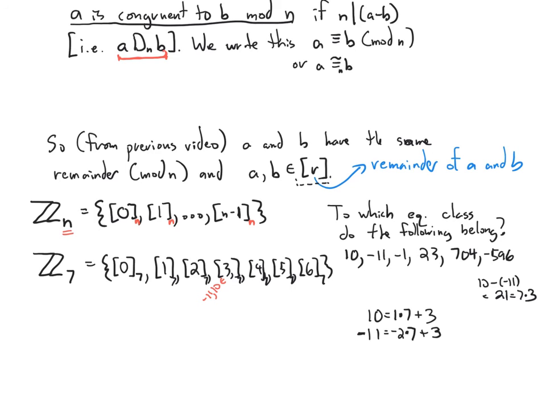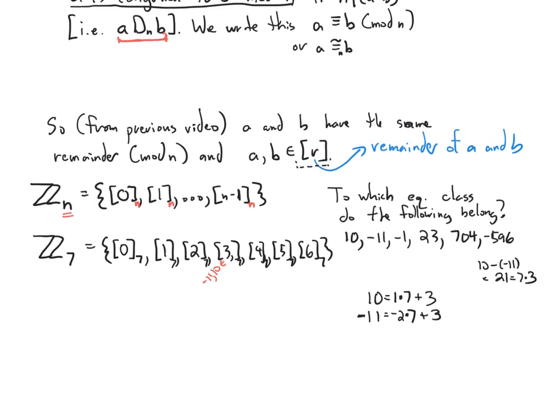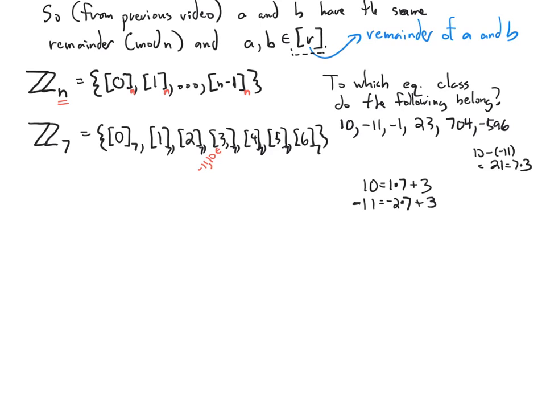Okay, let's keep going. Same ideas with the others. Here we have negative 1 is negative 1 times 7 plus 6. So negative 1 is an element of the equivalence class of 6. What about 23? Well, 23 is 3 times 7 plus 2.